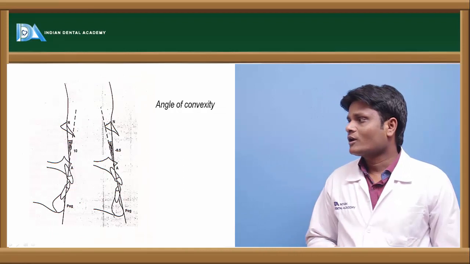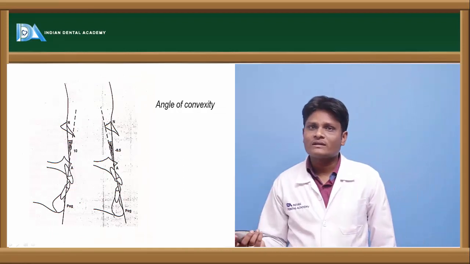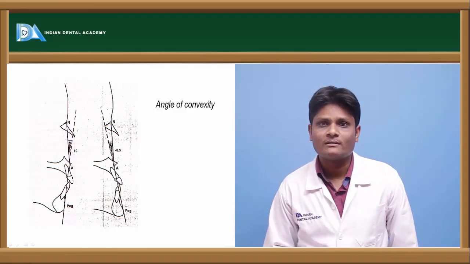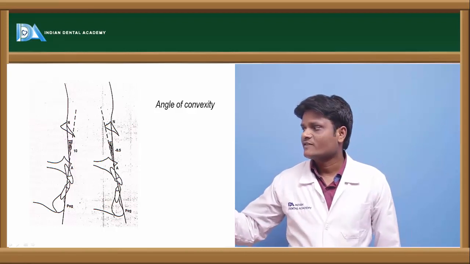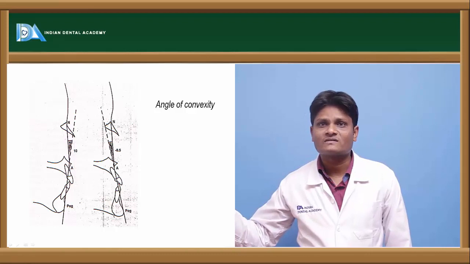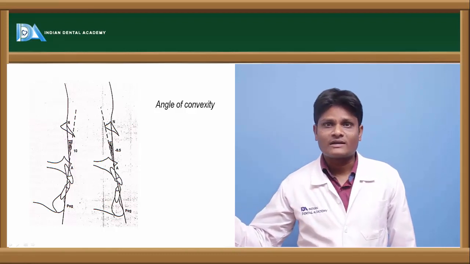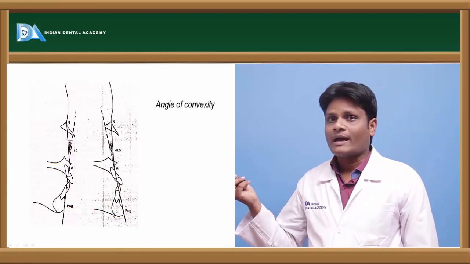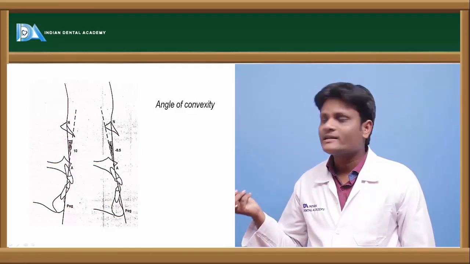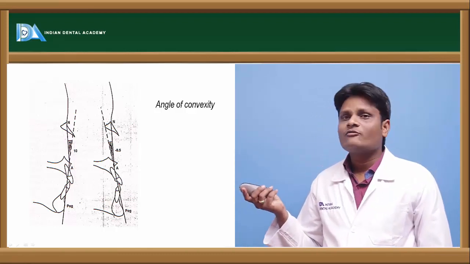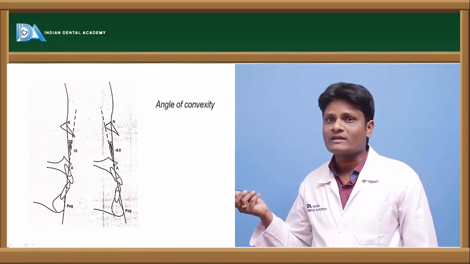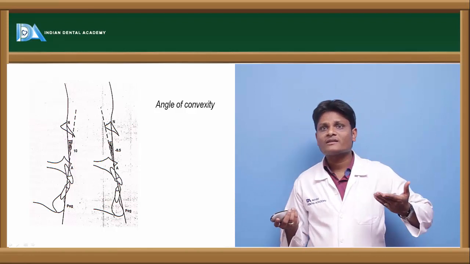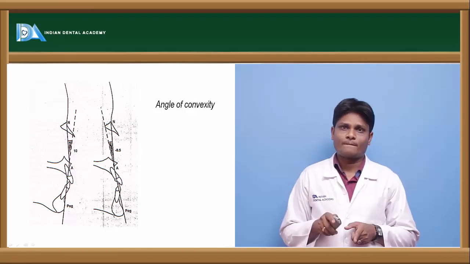If the angle of convexity is more than 0 degrees, then it is represented as a positive angle. As you see in the first image at the left extreme of this slide, the angle of convexity is 10 degrees. It indicates that the face is convex, probably due to retrognathic mandible or prognathic maxilla, whatever it might be.